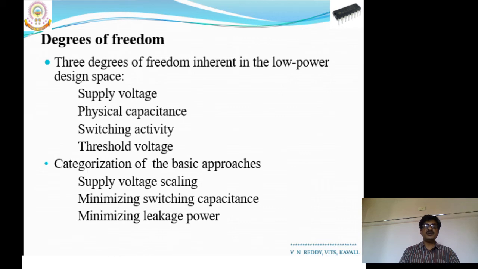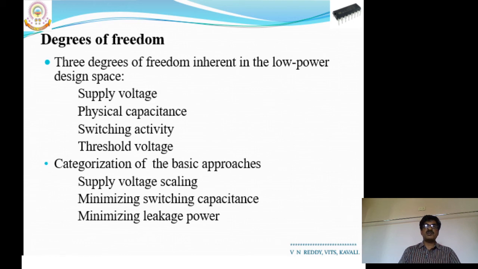Then coming to the approach of reducing the switching activity, or number of transitions, in this case you can apply techniques like implementing different types of complementing techniques, like the two's complement method.